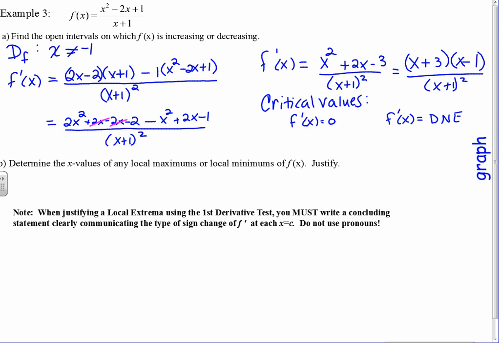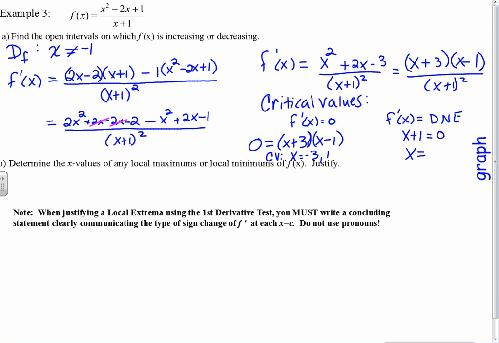Okay, fully factored form, those are nice to work with. I can tell where my derivative is equal to 0 simply by setting the numerator equal to 0. That gives me critical values of x equals -3 and 1. Where it does not exist is primarily concerned with the denominator. So where does my denominator go to 0?